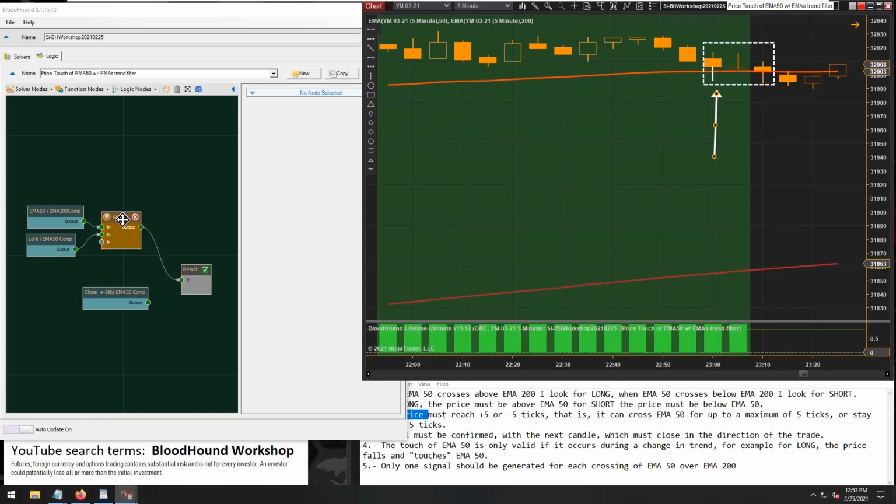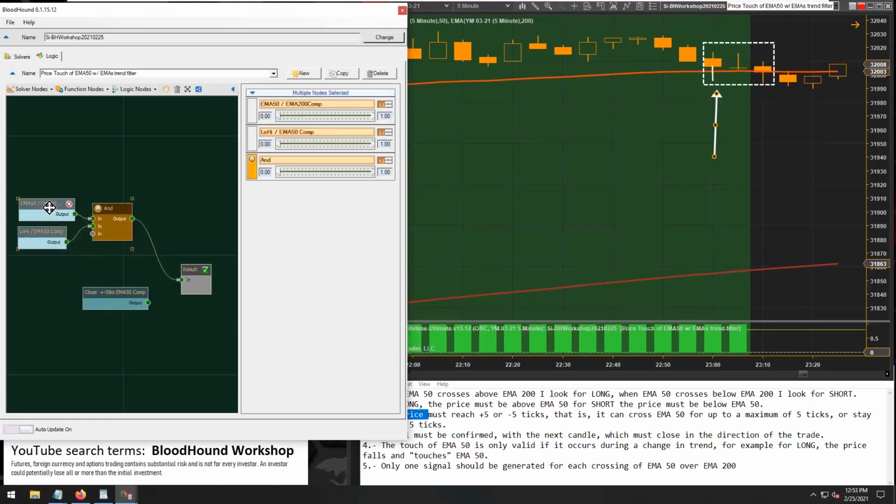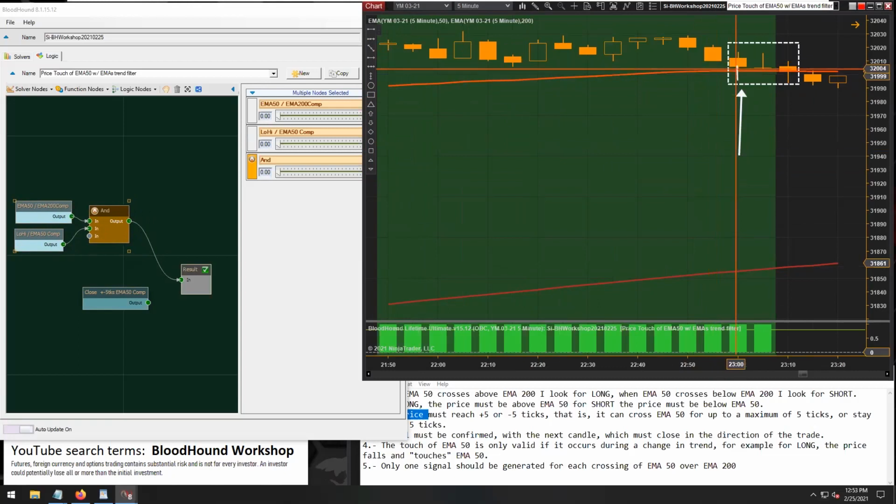So sometimes we might need to take this trend filter and extend it for an extra bar, just in situations like this where the wick might break through our EMA50, and then the closing price gets within that 5 tick range.